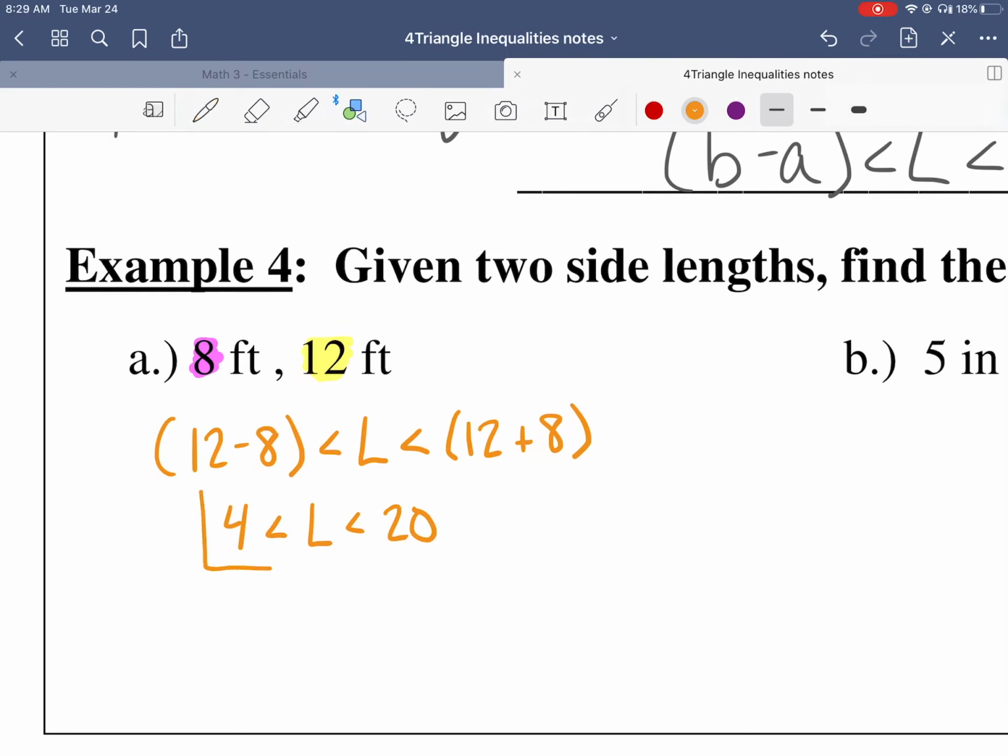What this tells me is that if I have two sides of a triangle that are 8 and 12, I could have a third side that is anywhere between 4 and 20, and it would still give me a triangle. So my third side could be 10, it could be 15, it could be 19. It cannot be 1 or 4 even, because it's not equal to, it's just less than. So it has to be values between 4 and 20. Those values would make a triangle.